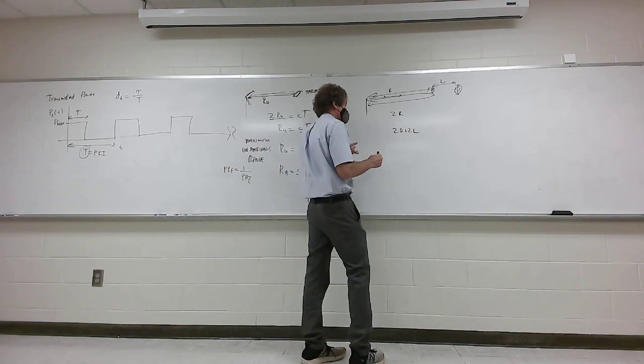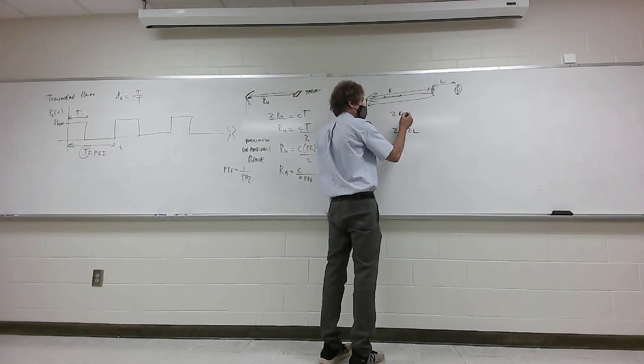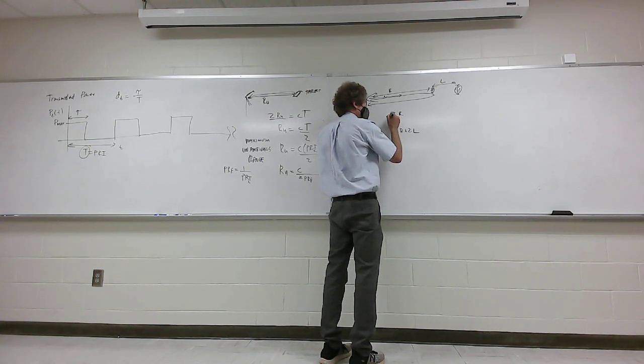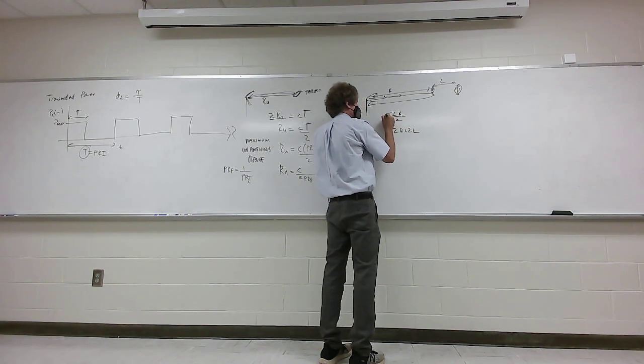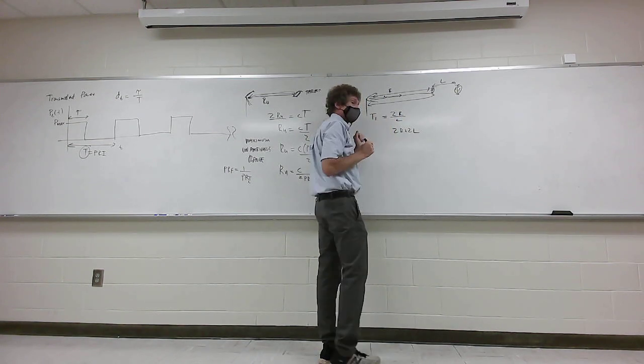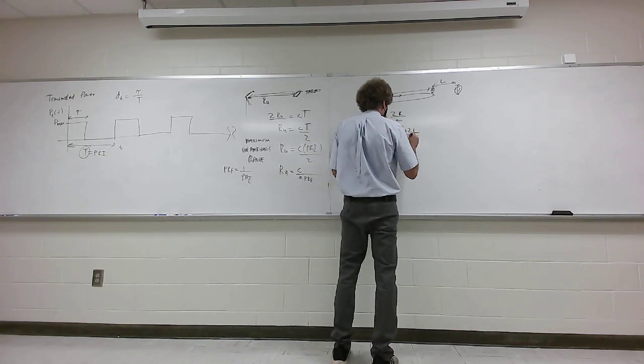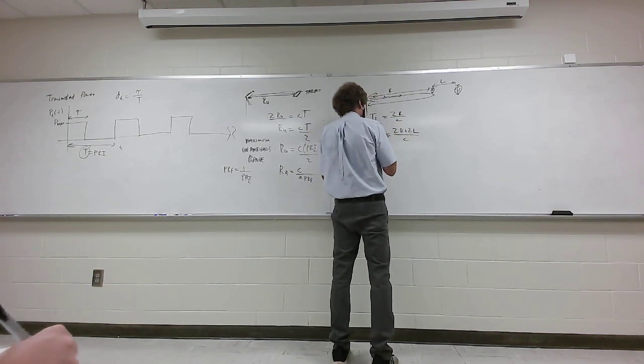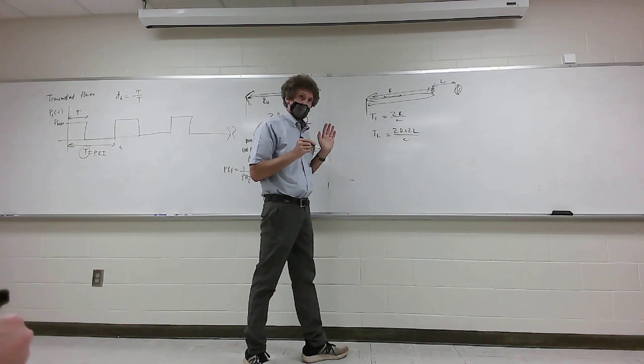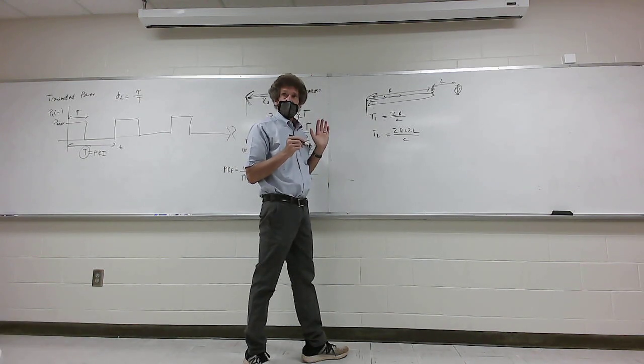Now, if we think about the length of time here, 2R divided by C would be T1. This would be the shortest time, right? And then 2R plus 2L over C would be the longest time, right? Y'all agree with this?